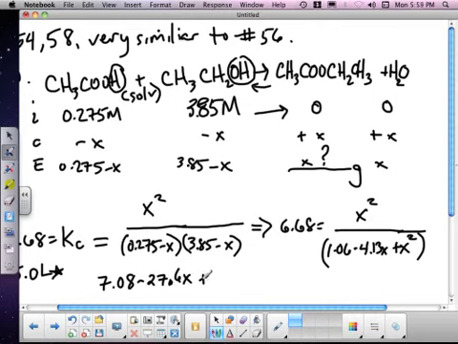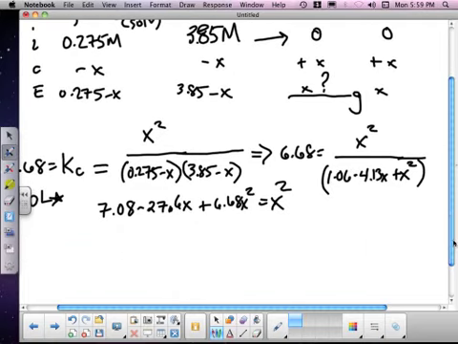Collecting my terms, bringing that X squared over, I end up with C for my quadratic formula is 7.08, B is a negative 27.6, and A is 5.68 because I subtracted X squared from both sides, and that is equal to 0. Quadratic formula, drum roll please.